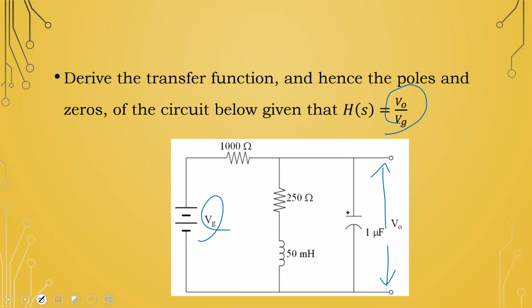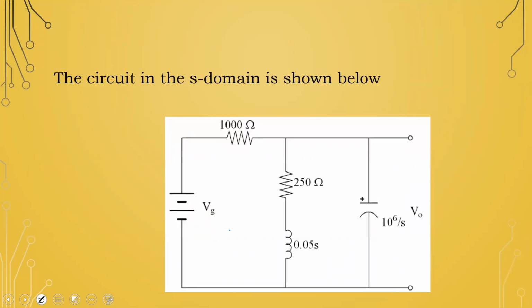Okay. So I want to redraw the circuit in the frequency domain. And so we have SL, and we have 1 over SC. And our resistances remain the same.